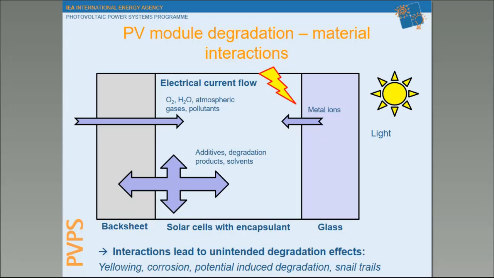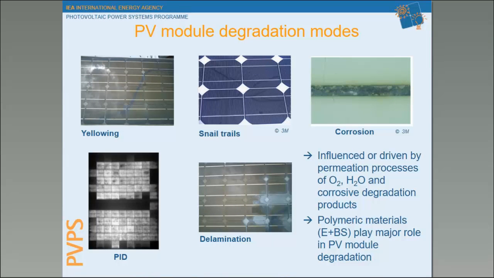A lot of PV module degradation effects are just interactions between all these material flows and all these small or medium-sized molecules. Very common PV module degradation modes like yellowing, corrosion, PID, or snail trails are actually caused by these effects.